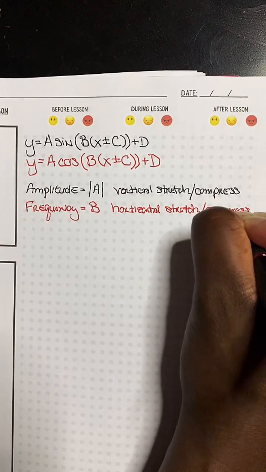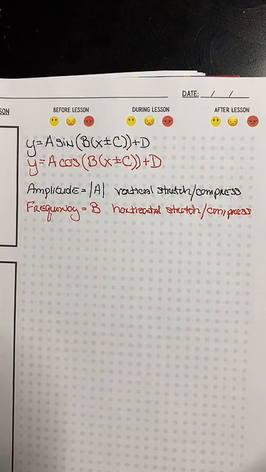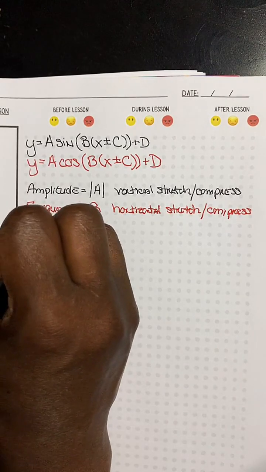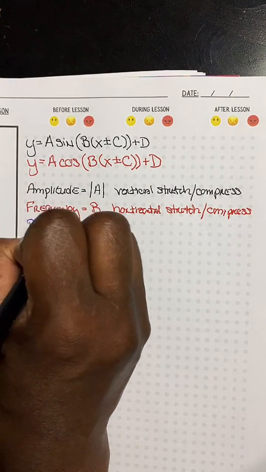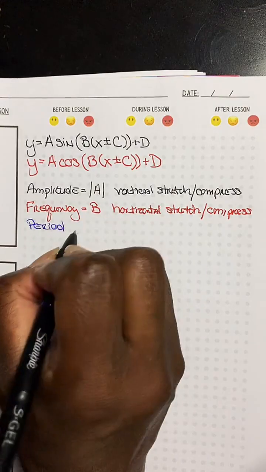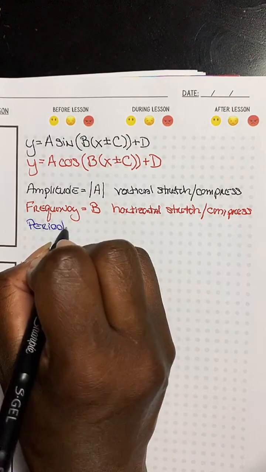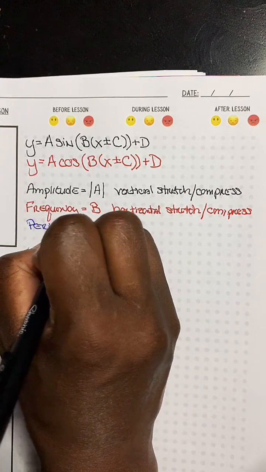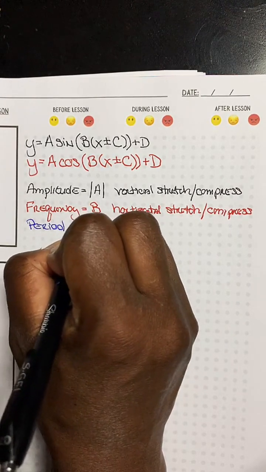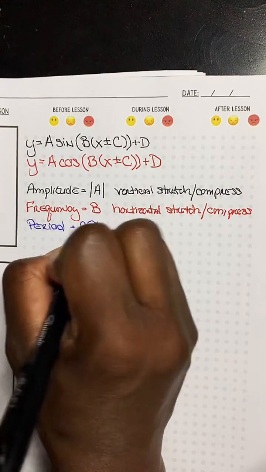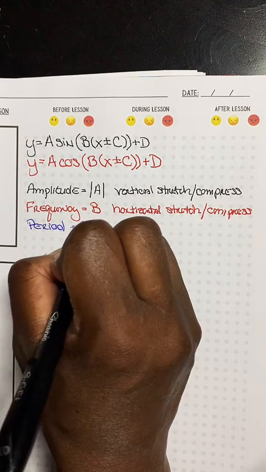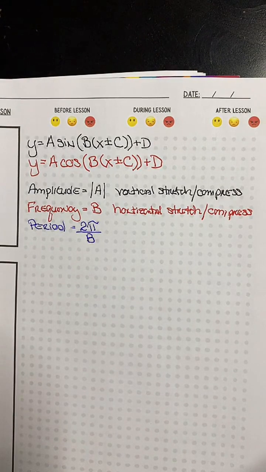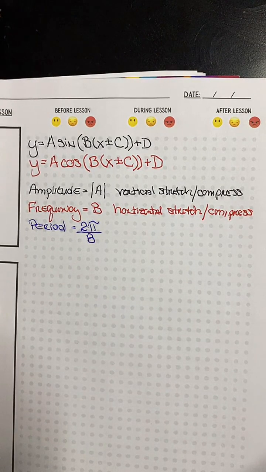I'm hoping this is making sense because right now I am seeing double. So then we have our period. And the way you calculate the period, because sometimes you can figure it out by pulling out the formulas, it's always the full term, which is 2 pi over your B. That's how you would calculate your period.